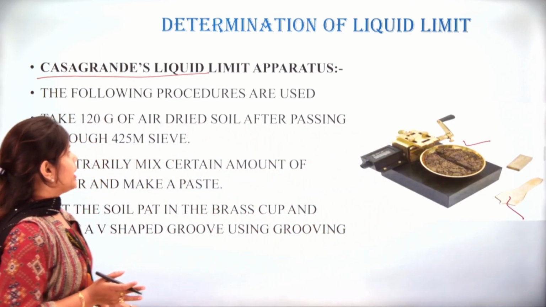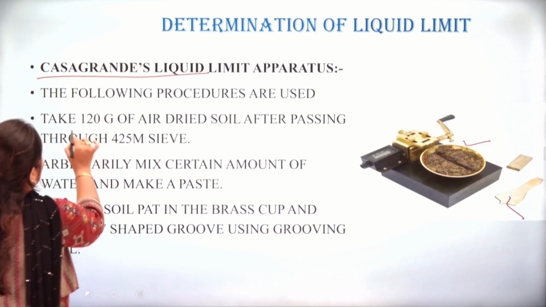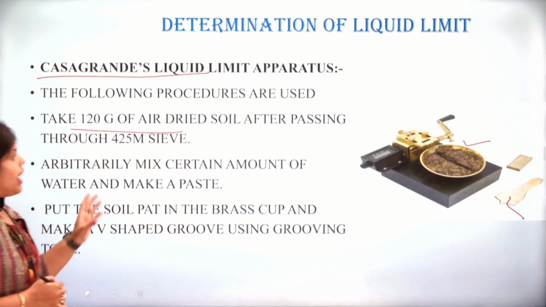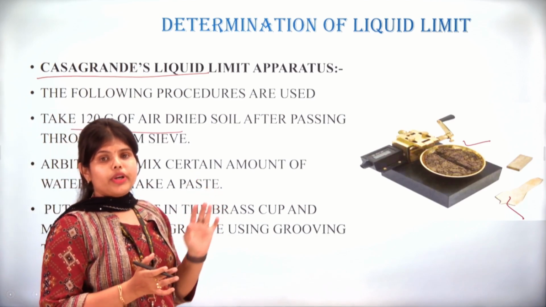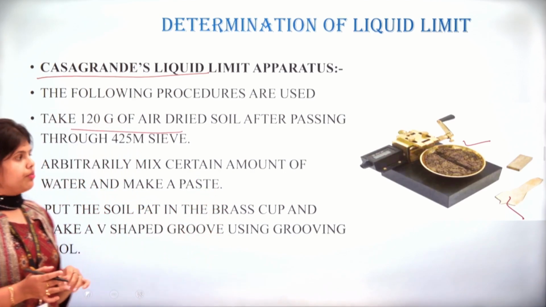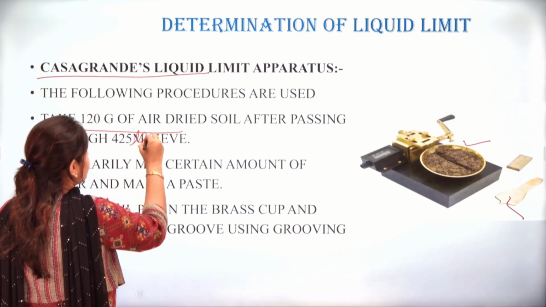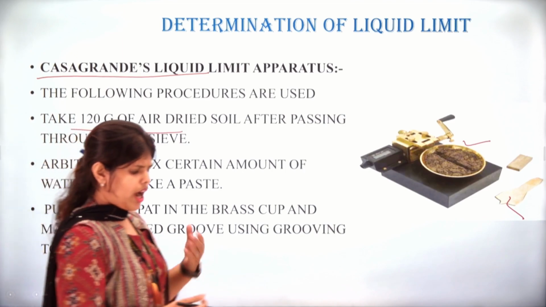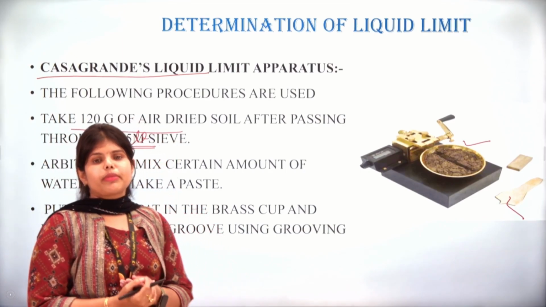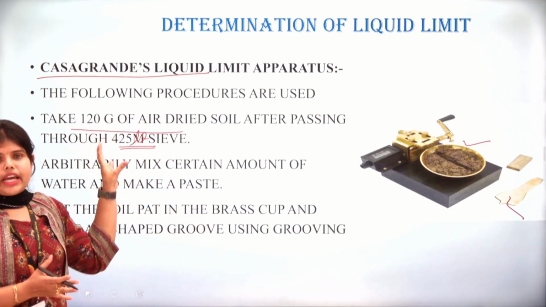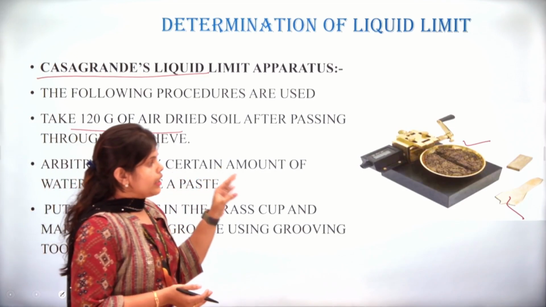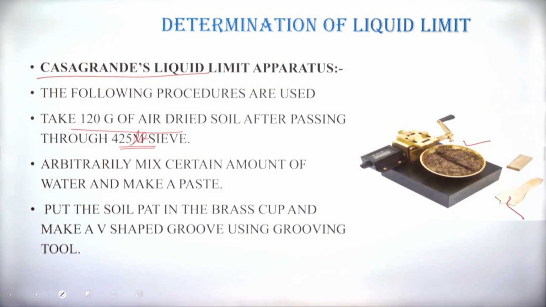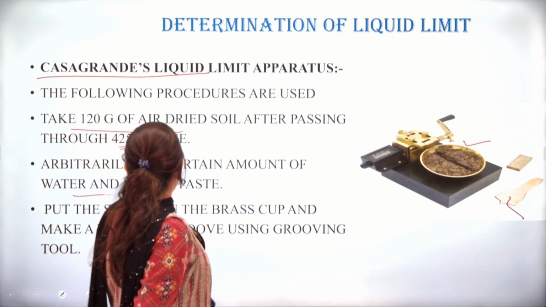After oven drying, we will take 120 grams of air dried soil, and it will pass through a 425 micron sieve. After passing through the 425 micron sieve, we take that 120 grams of soil into this plate.